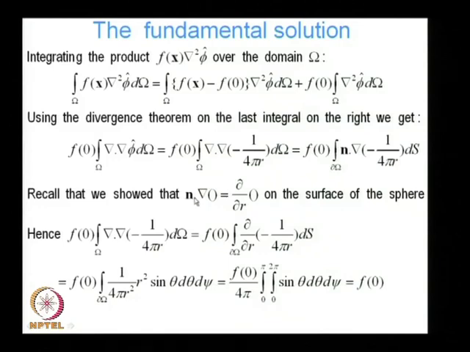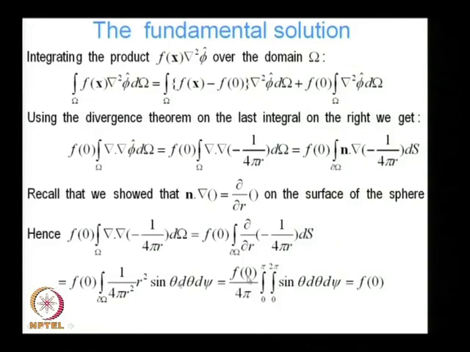Now, recall that we showed a little while earlier that n dotted with the gradient of any function is nothing but del r of that function on the surface of the sphere. We just showed that n dotted with the gradient is the rate of change of that function with respect to r. So, we can write f 0 times the integral of divergence of gradient of minus 1 by 4 pi r d omega as f 0 times the integral over del omega, that is on the boundary, where we replace n dotted with grad by del r of minus 1 by 4 pi r.